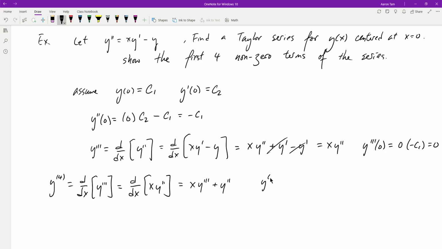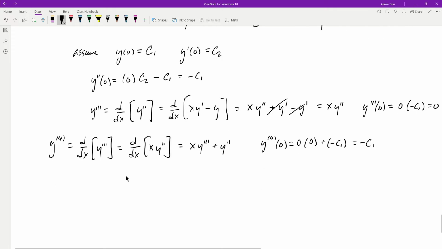And so if I take the fourth derivative and evaluate at 0, I get 0 times 0 plus y double prime, which is negative c1. So that comes out to be negative c1, which is good. That's a non-zero term. So now I'm ready to write out my solution.